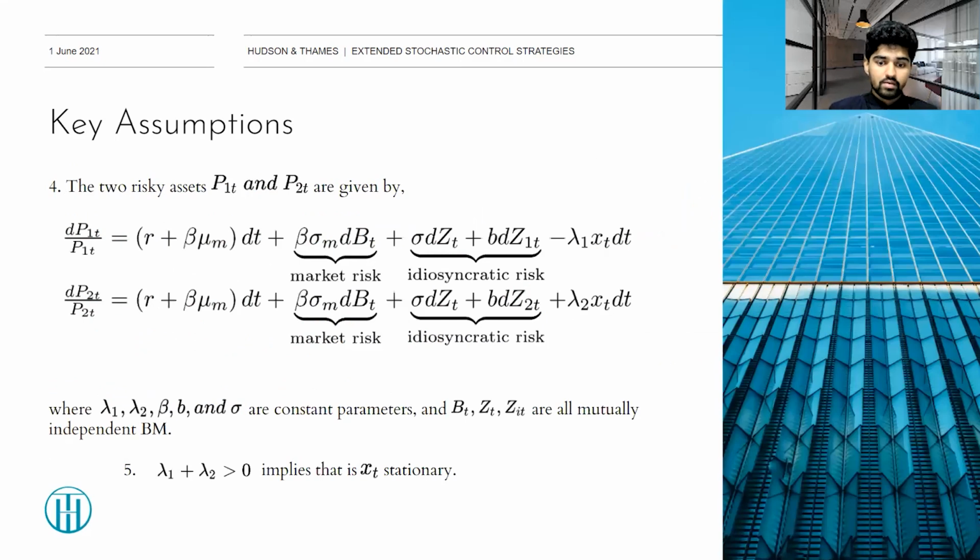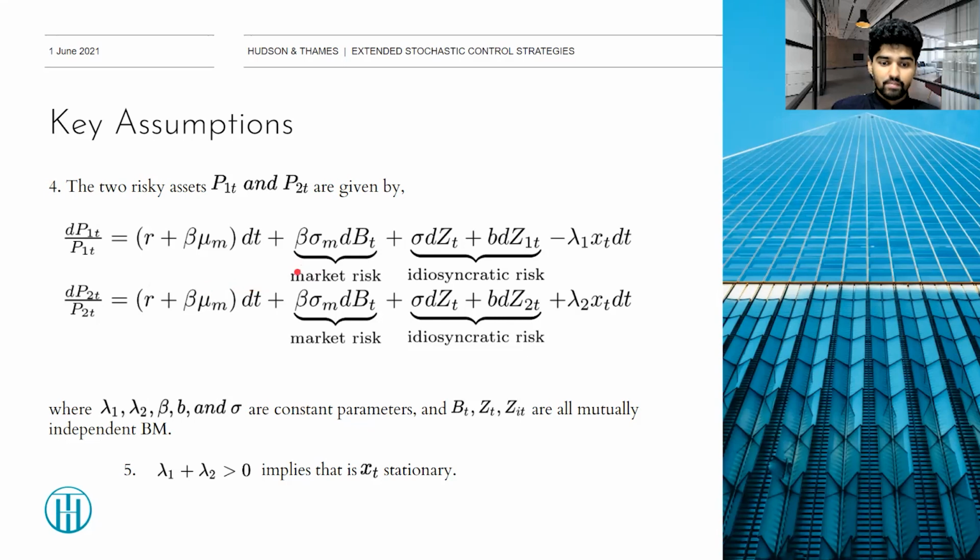So the next assumptions we make are that the two price processes we have here, P1T and P2T, move according to these two price dynamics. The first term in these price dynamics is r plus beta into mu m, which is given by CAPM. It's a CAPM relation.